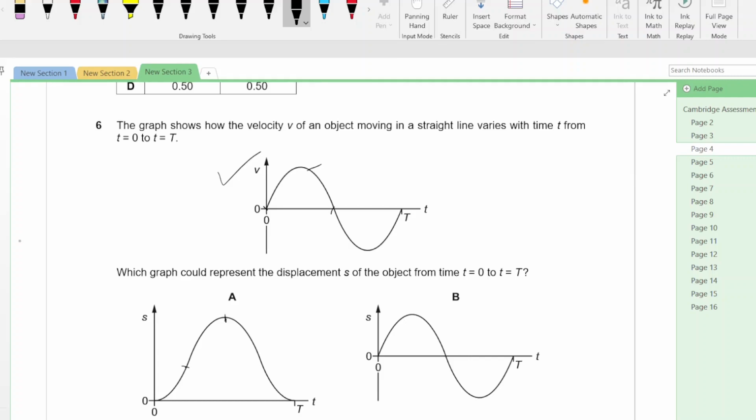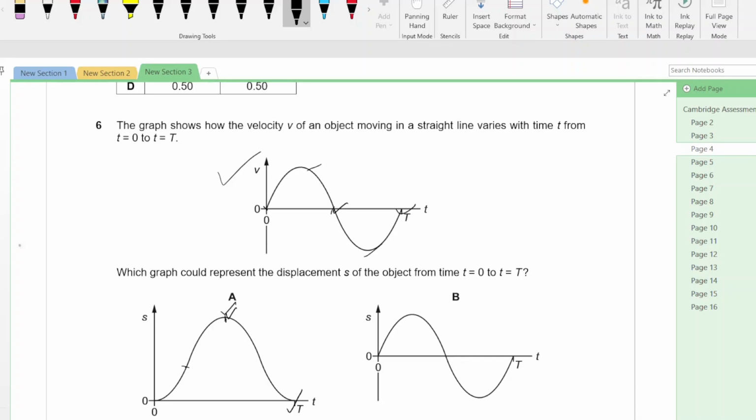And from this point, its gradient changes from 0 to negative maximum, then again 0. This portion from here to here is represented by this portion.